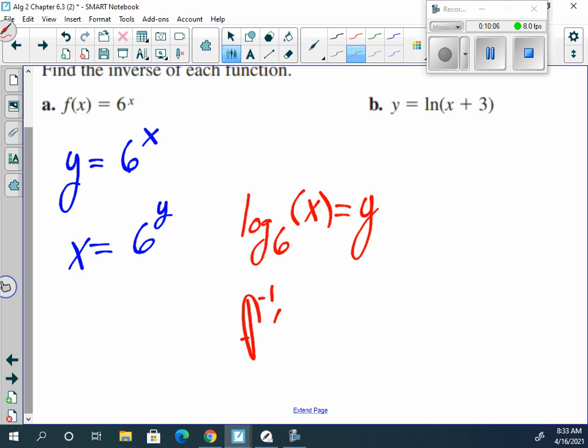So our f inverse of x is log base 6 of x. And that would be the inverse function. Any questions on this here so far?